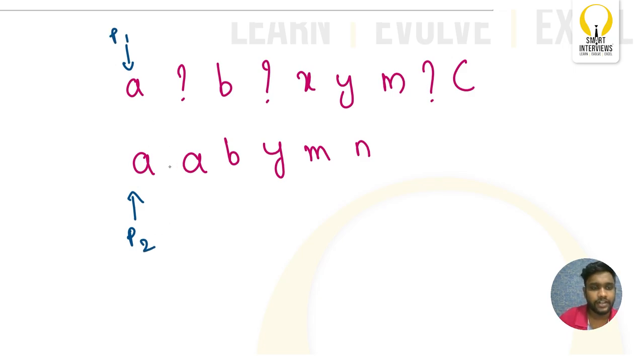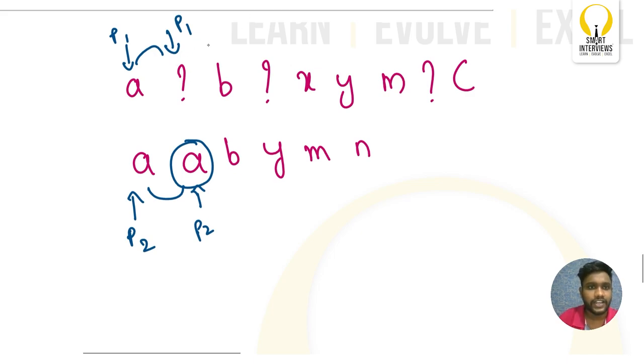Since P1 and P2 are matching, we can move both forward. Now we are searching for an A, and when we find a question mark, we can simply assume this question mark is A. So we found our A and we can move forward from here.